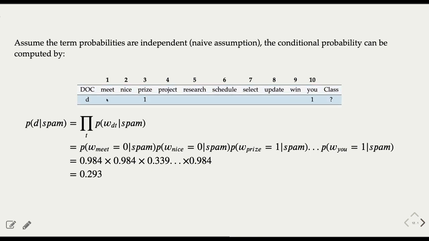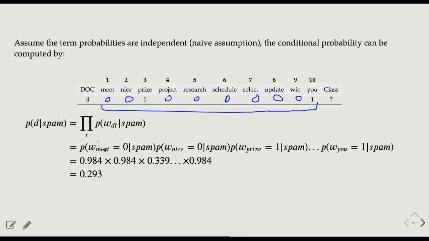Okay, so if we assume they're independent, what it means here is that an email here, and again, this email can be seen as a combination of these 0 and 1 values, depending on whether the term appears or not. So how likely are you to see the document with this combination of weights in the same order?